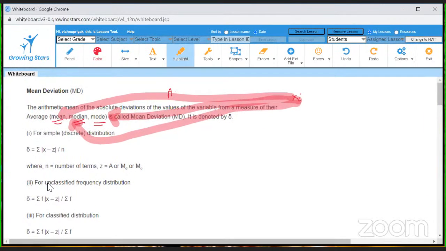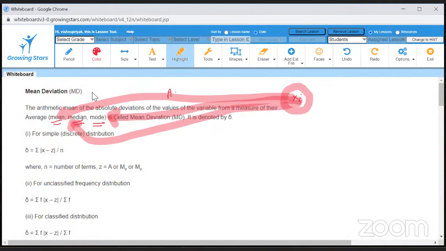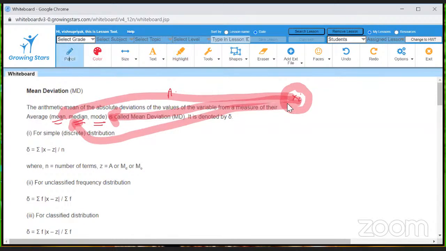That is mean deviation: the distance between each observation and the mean. Now, when a simple list is given to you, how will you find the mean deviation?